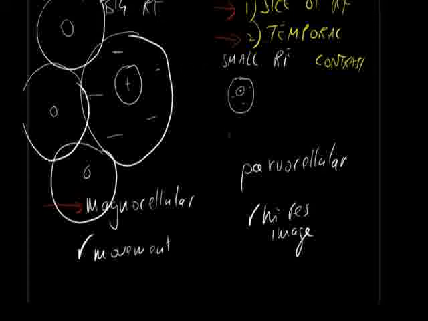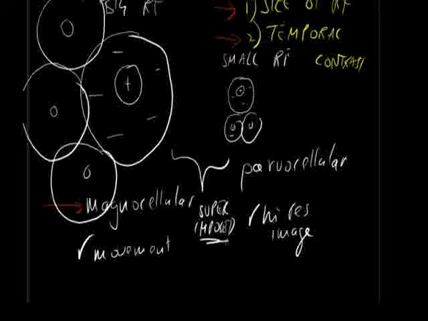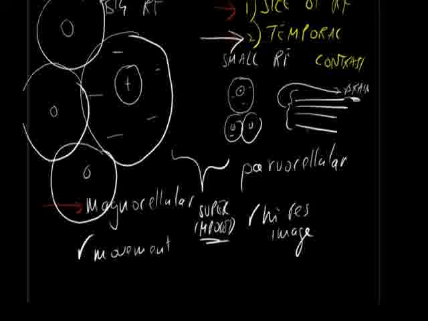The parvocellular ones are doing the same thing, so you've got 2 maps superimposed. Plus, you've also got different temporal maps as well. So what you've got is map upon map upon map, and these different maps are all going up to the brain. You don't have one image going from the retina. In fact, you don't really have an image at all. You have contrast and motion images. You have several parallel maps at the same time.